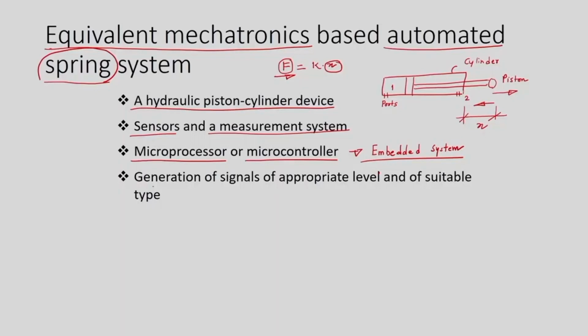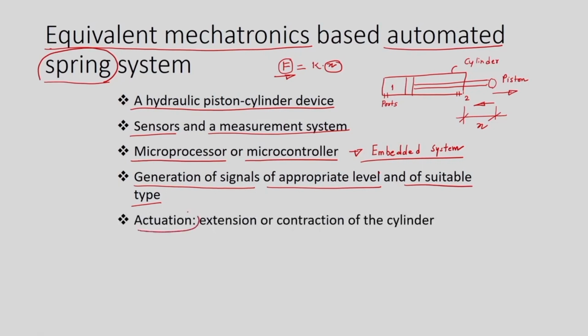Then the next building block is generation of signals of appropriate level and of suitable type. Then actuation. As we have seen, actuation is nothing but the extension or the contraction of the cylinder.